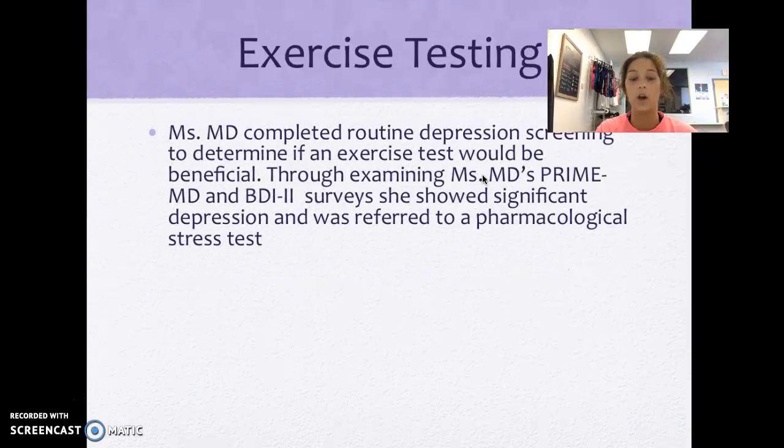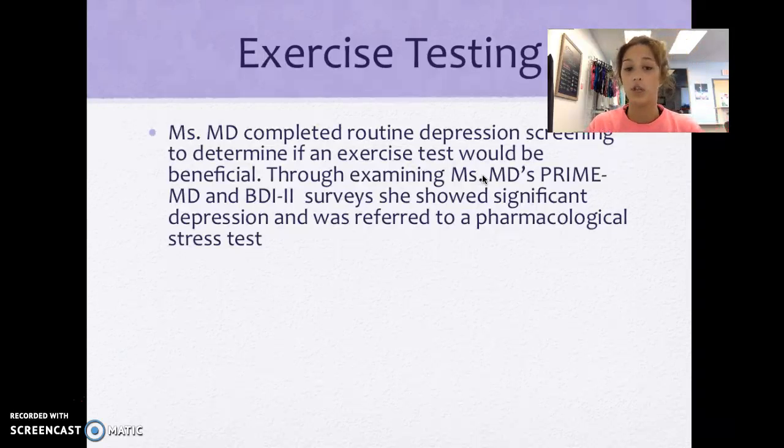Exercise testing. Miss MD completed a routine depression screening to determine if exercise tests would be beneficial. These surveys are just filled out by the patient, and scores are added up to decide what degree of depression they show.